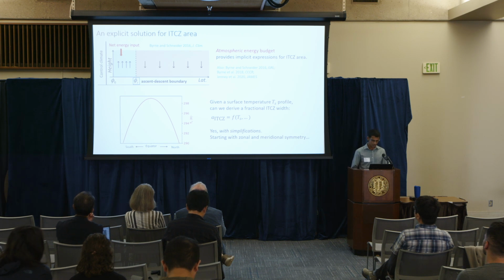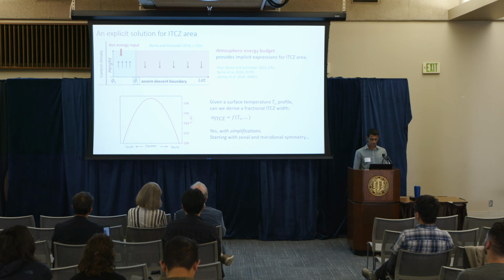Our focus here is to derive an explicit expression for the ITCZ area as a function of the current climate properties. What do I mean by that? Given a profile of, say, surface temperature, can we derive an explicit expression for something like the fractional area of the ITCZ, as a function of surface temperature and other properties of the climate state?